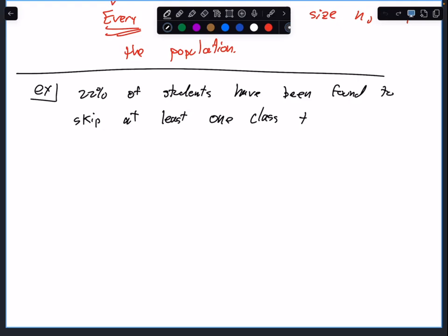Did you skip a class last week? About 22% of students said yes. Or we looked at the data and 22% of students were marked present for school but absent for one of their classes. 22% of students skipped at least one class in their previous week, each week.